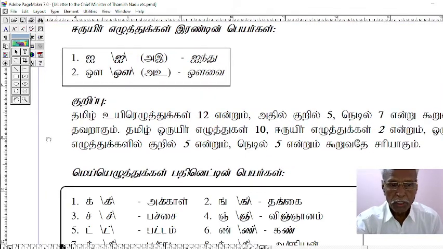Here we have to see an important fact. It is told that in Tamil, 12 vowels are used. In these 12 vowels, 5 are short vowels and 7 are long vowels. This classification is not up to the mark. Really, there are only 10 single vowels in Tamil.